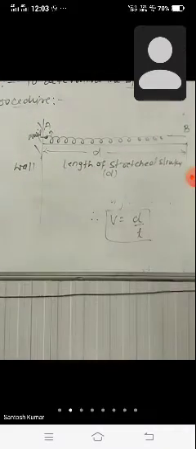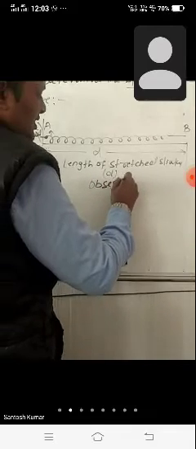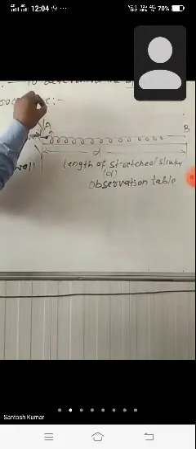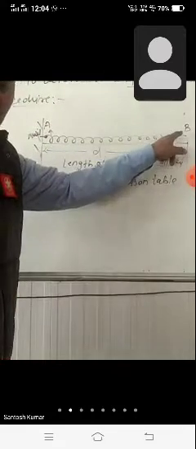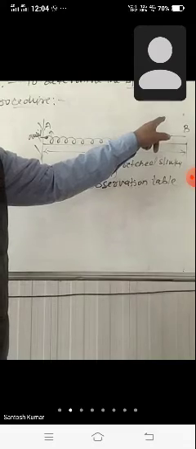Any doubt, any problem, anyone? You can say, otherwise I will just prepare the observation table. In the observation table, only one value of time, meaning when you create a disturbance here, the stopwatch will be on. When this wave reaches this point, the stopwatch will be off.